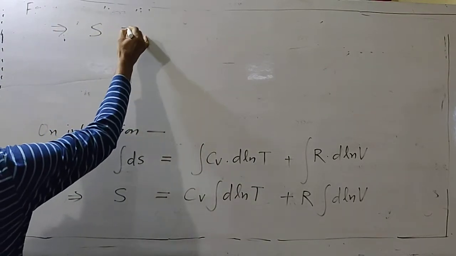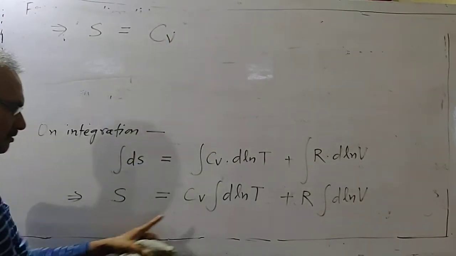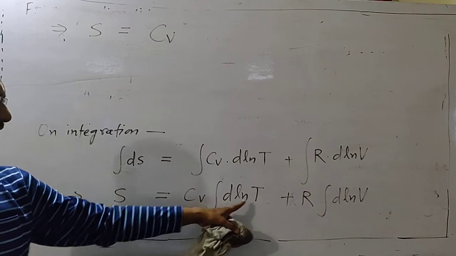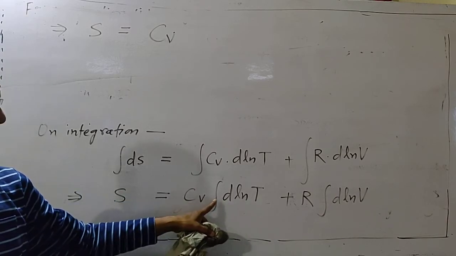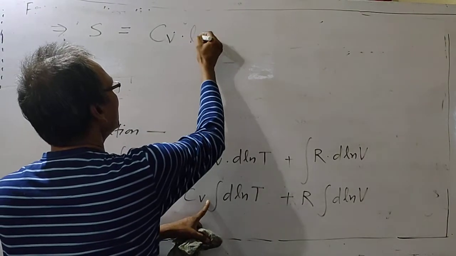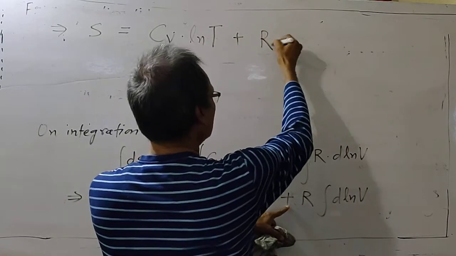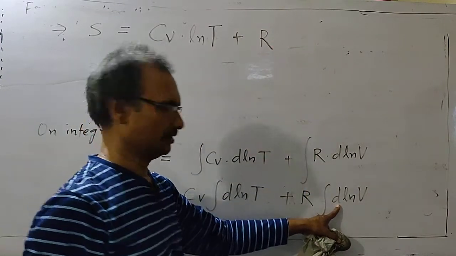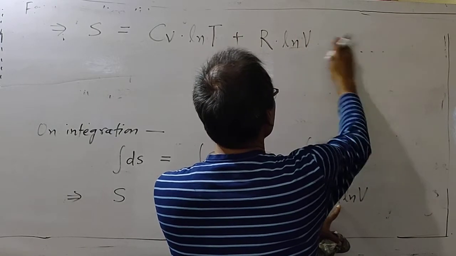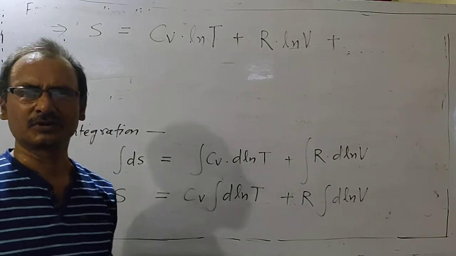That is S equal to Cv, and integration of d ln T is equal to ln T, so Cv ln T, plus R, integration of d ln V is ln V, R into ln V, and some constant.